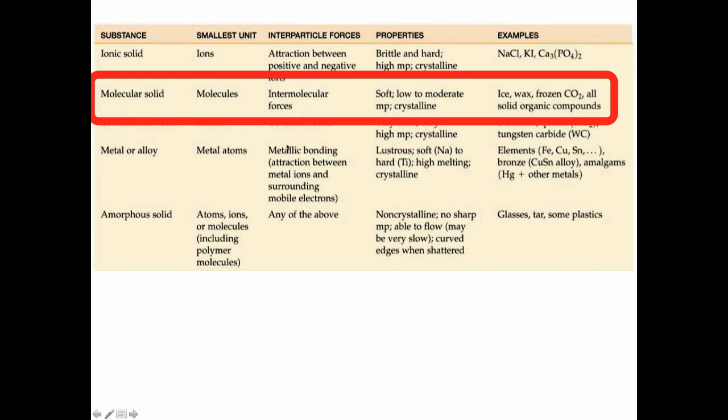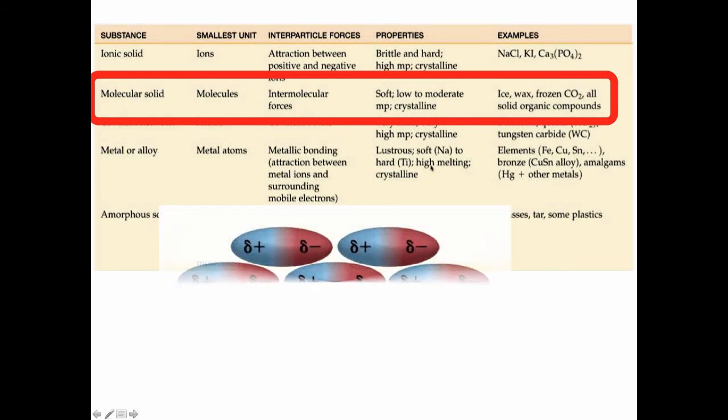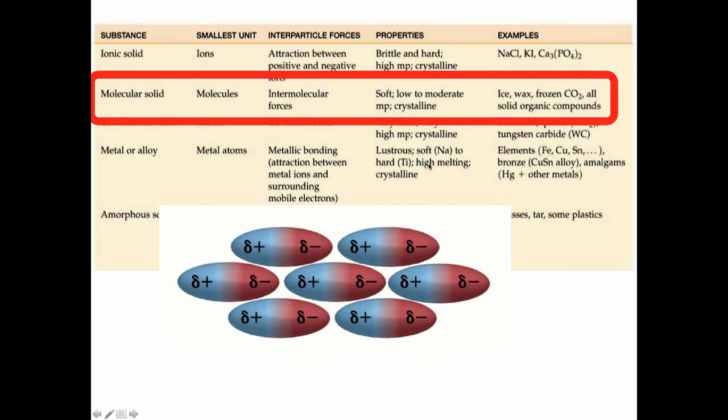Molecular solids are made up of molecules that are held together by intermolecular forces. They're typically soft with low or maybe moderate melting points, depending on the strength of the intermolecular forces. They tend to have a regular array, so they're what we call crystalline, and things like water and carbon dioxide and organic compounds make molecular solids.